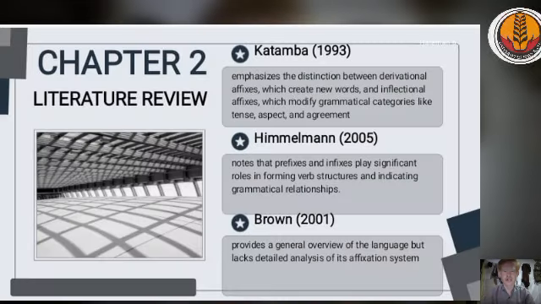Next is the literature review. In this literature review, there are three experts.